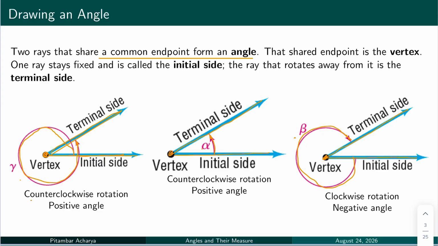Gamma is in counterclockwise direction, so by convention, we call this a positive angle. And here alpha is in counterclockwise direction, so it is a positive angle. In the third figure, we have beta, which is in clockwise rotation. It is a negative angle.